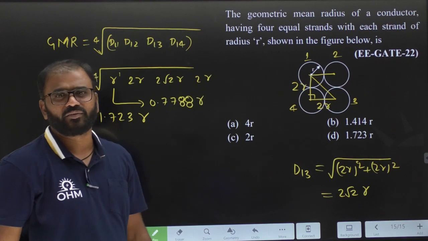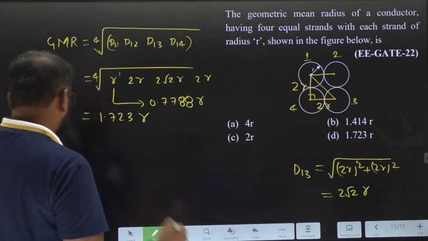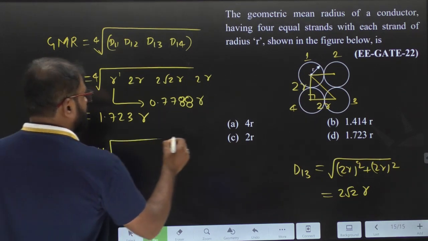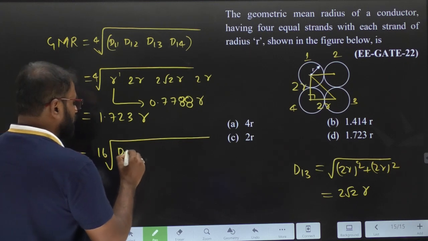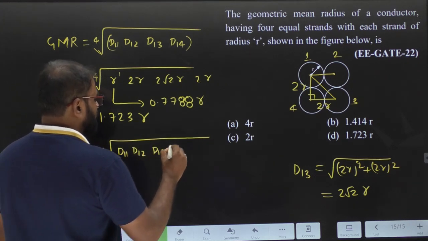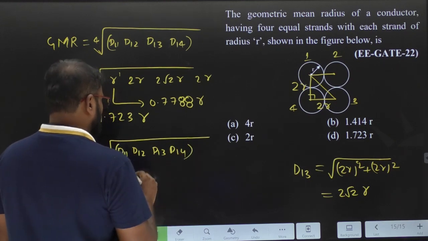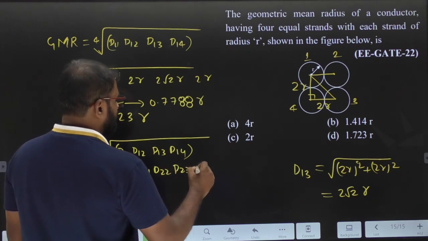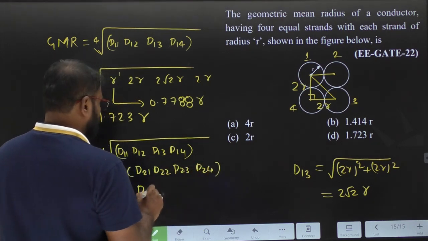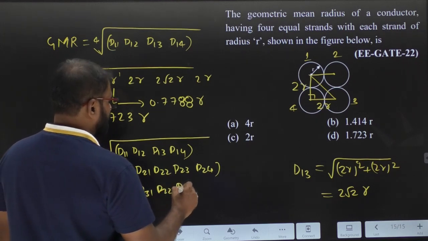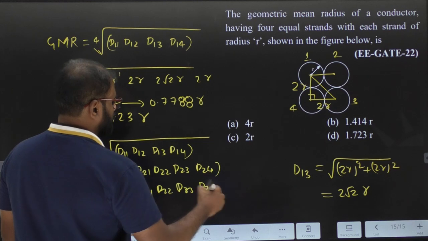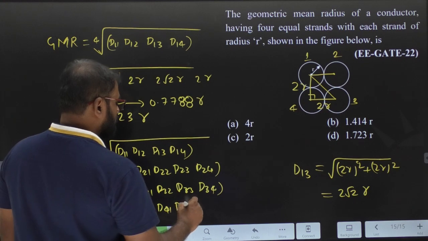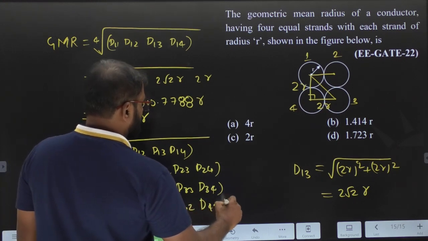This is the simple method. Okay, clear? If you are unable to determine the symmetry, then take the 16th root and write the terms: D11, D12, D13, D14, multiplied with D21, D22, D23, D24, then D31, D32, D33, D34, and again D41, D42, D43 and D44.